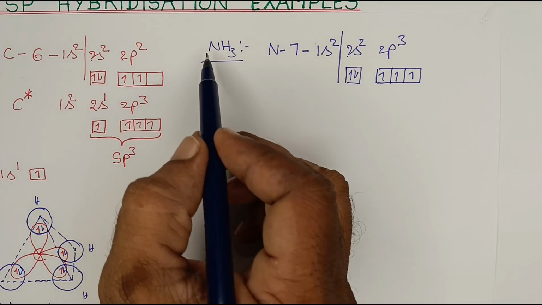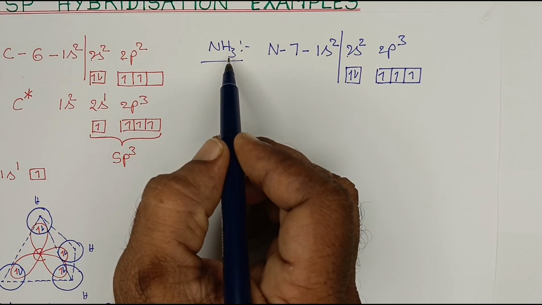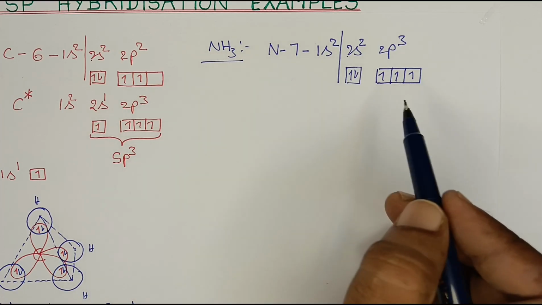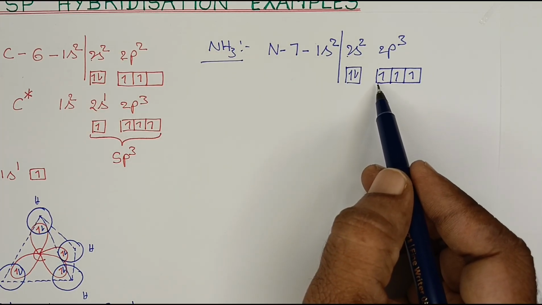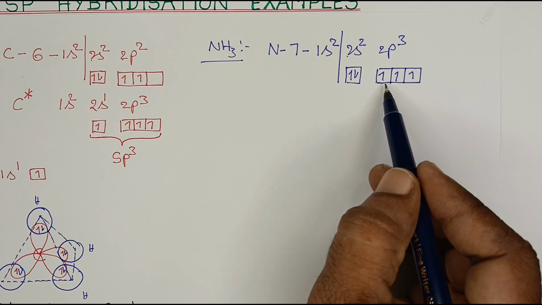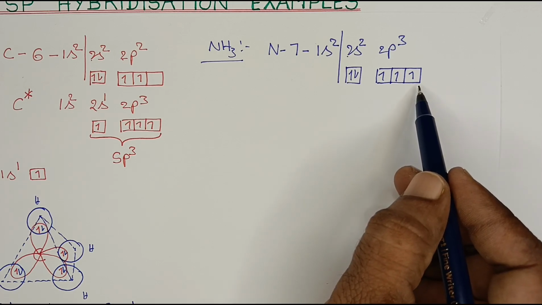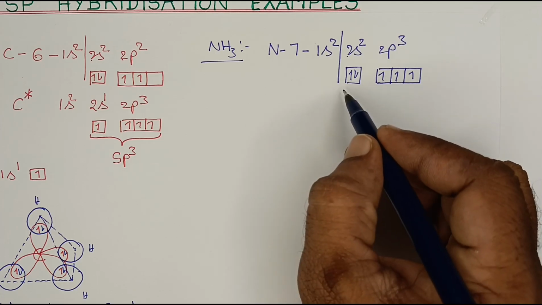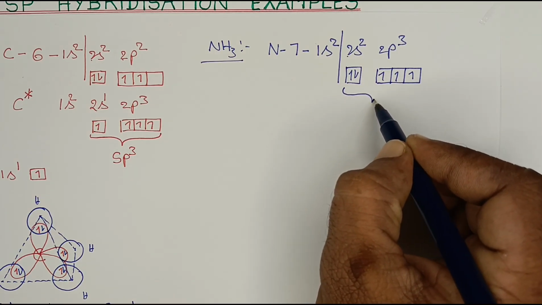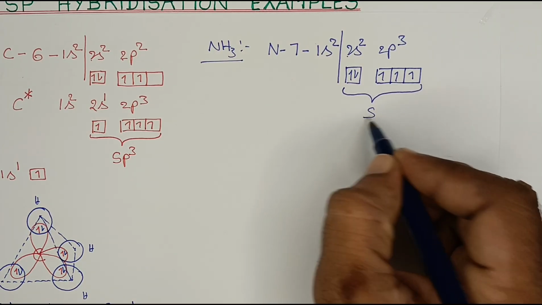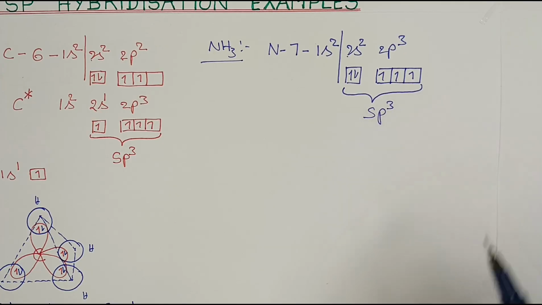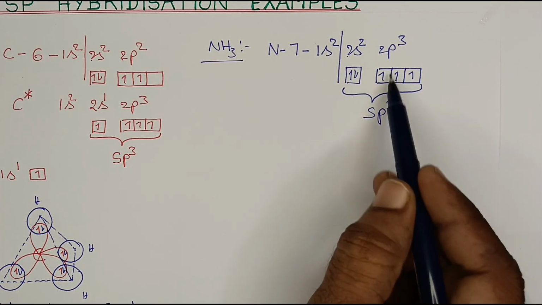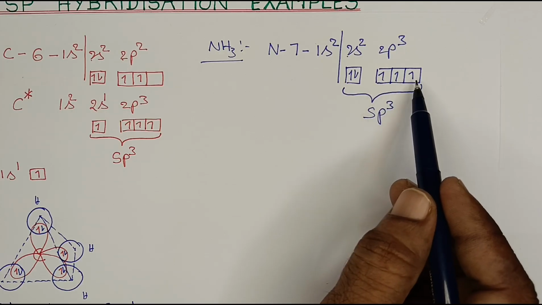Nitrogen combines with 3 hydrogens, so nitrogen should have 3 unpaired electrons. Already in its ground state, it contains 3 unpaired electrons. So no excitation is required, and it undergoes sp3 hybridization. Again, I am telling you, in hybridization only orbitals will enter, but not electrons.